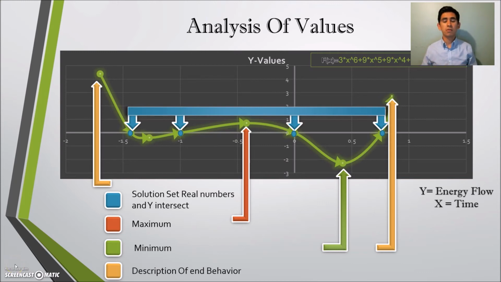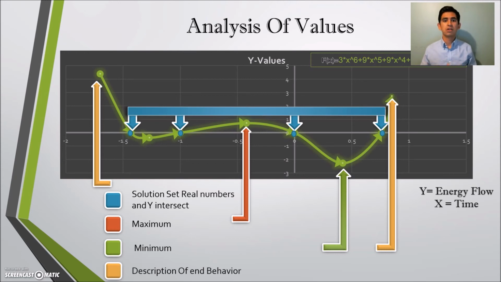As an example of my real numbers, I have 4 dots on my graph. They're highlighted in blue. Those are the times that my graph crosses the x-axis back and forth. Those you can count as real numbers or solutions. My maximum: what is the highest number of my graph when it crosses the x-axis and goes into the y-axis?